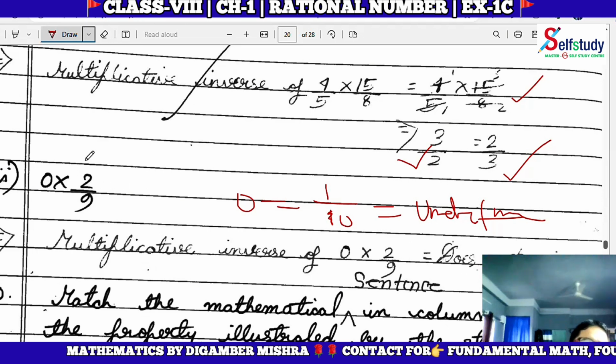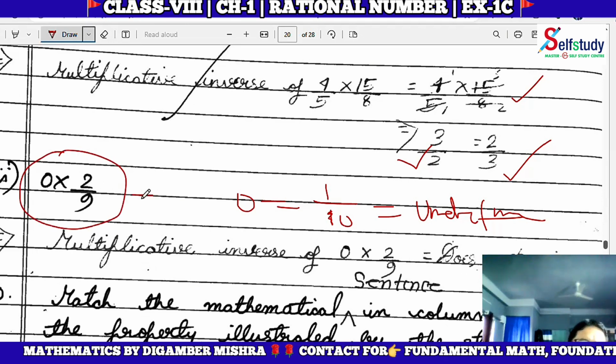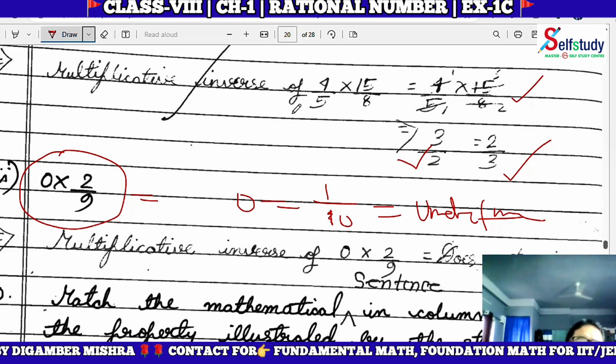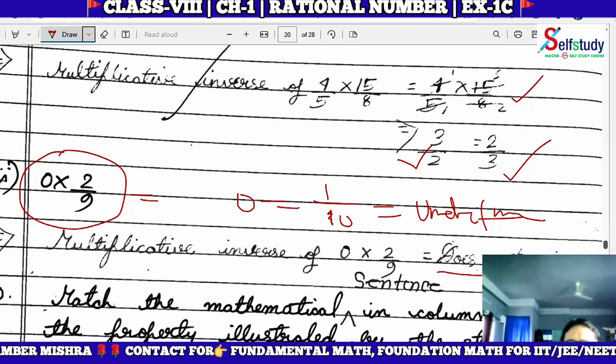So the multiplicative inverse of this expression does not exist, because its value will be 0 and the multiplicative inverse of 0 will be 1 upon 0, which is undefined.